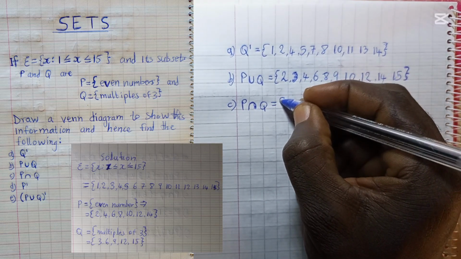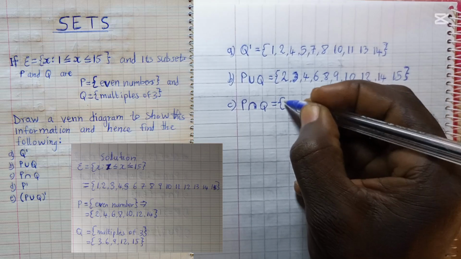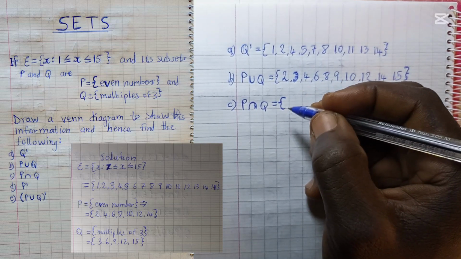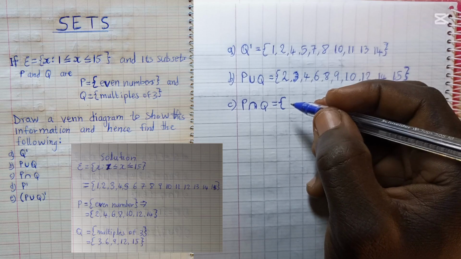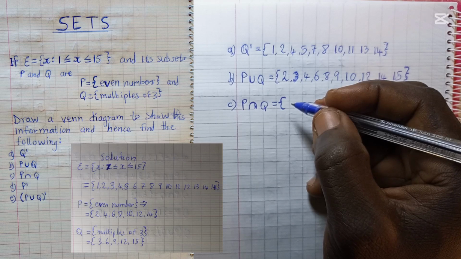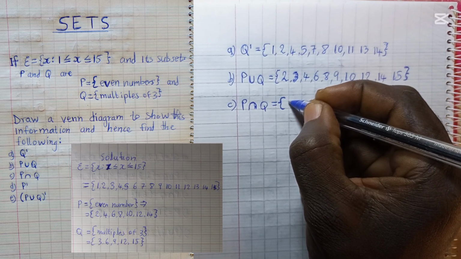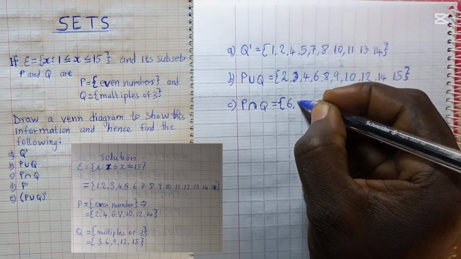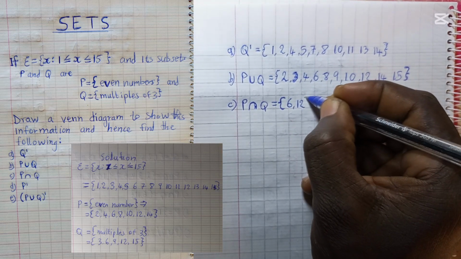So the elements that are common to both sets, if you look at it very well, even from the Venn diagram we drew, you can realize that the elements common to both sets are 6 and 12. So P intersection Q is 6 and then 12.